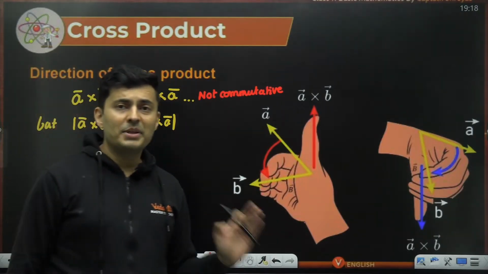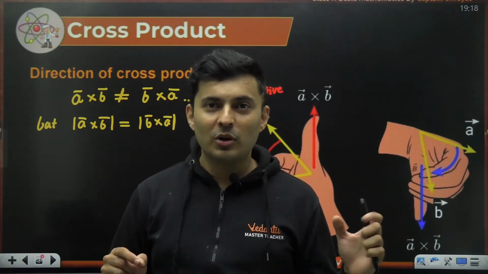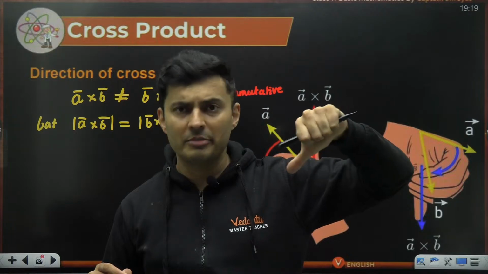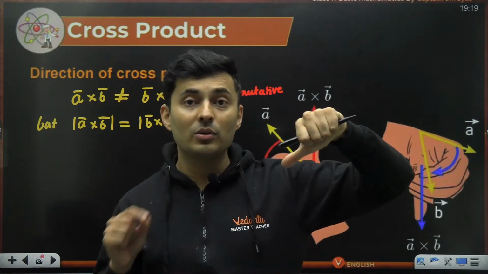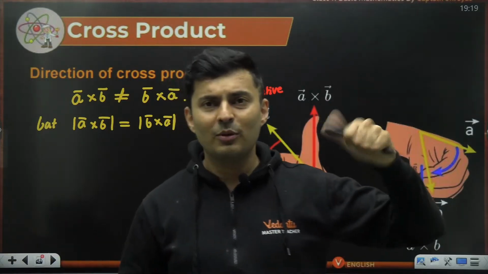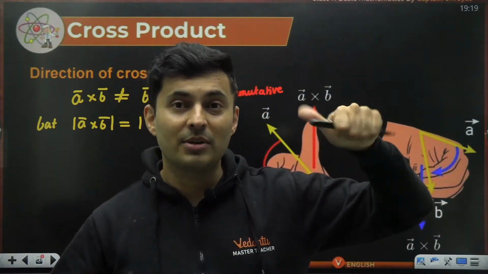Another thing, a common mistake which many students make in the exam hall. You are writing and you have to do a cross product. A cross B, like this, A is here, B is here, A cross B is here. You forget that you are using your right hand for writing. Many of you might be righties, some of you might be lefties. So you might be doing the cross product using the left hand.